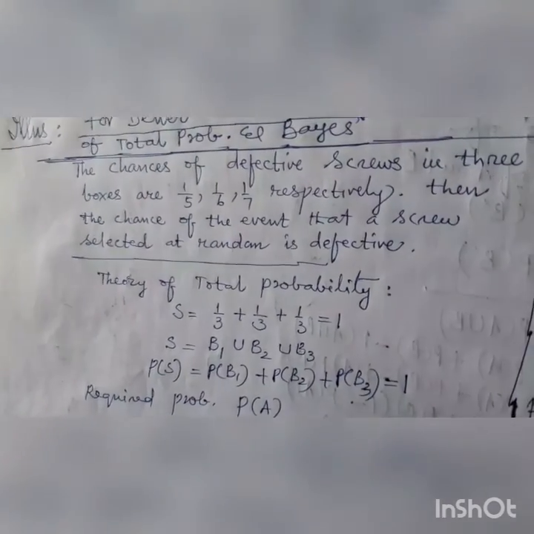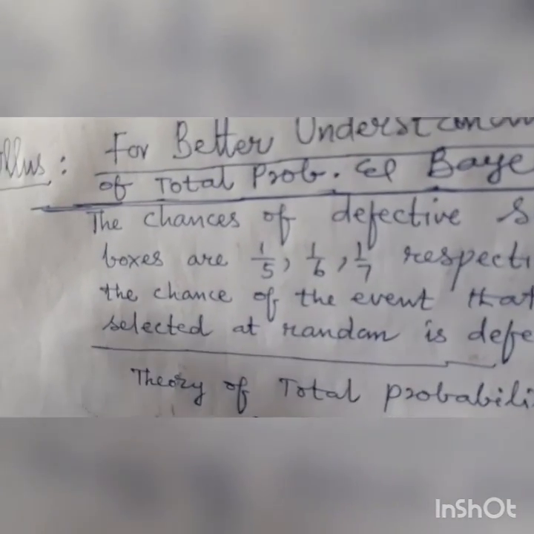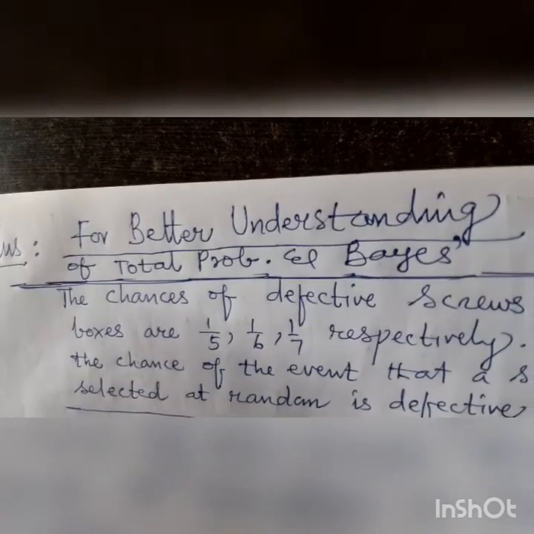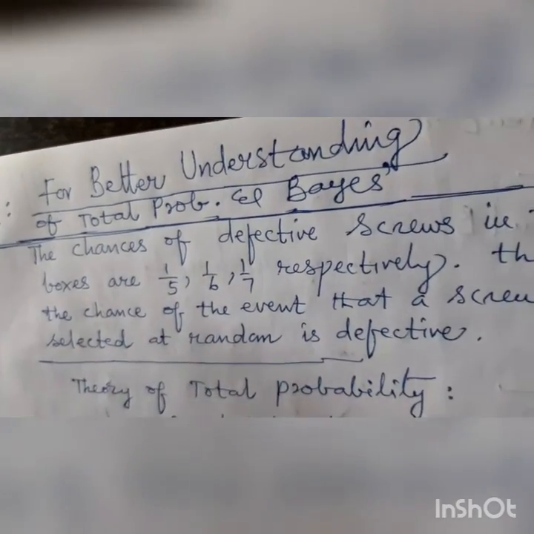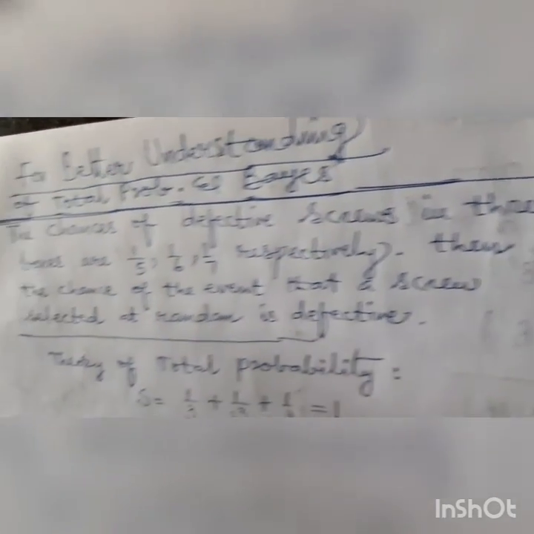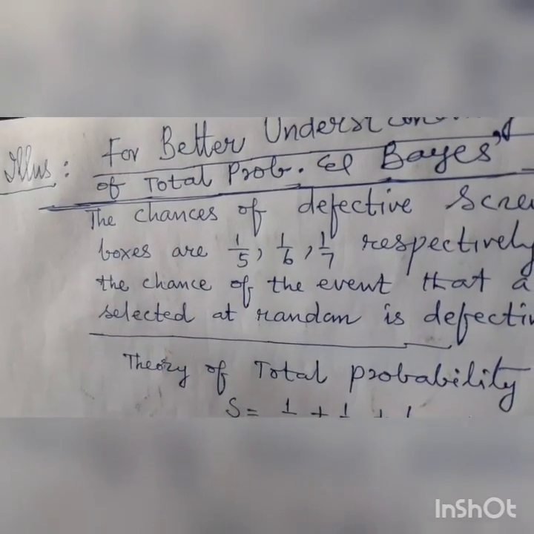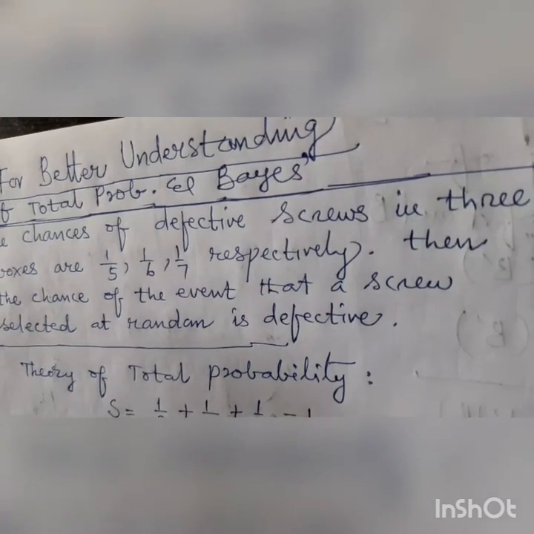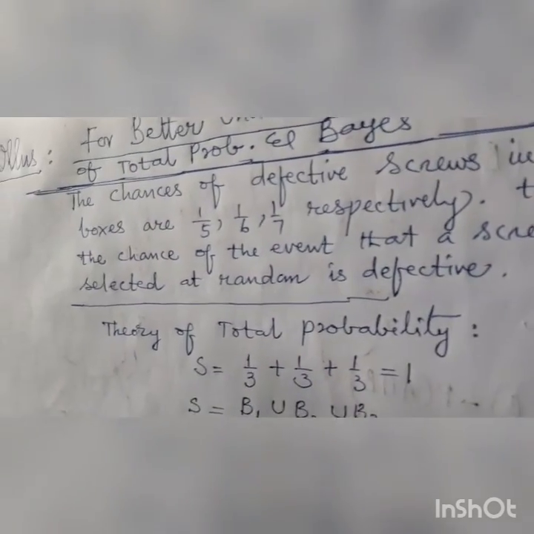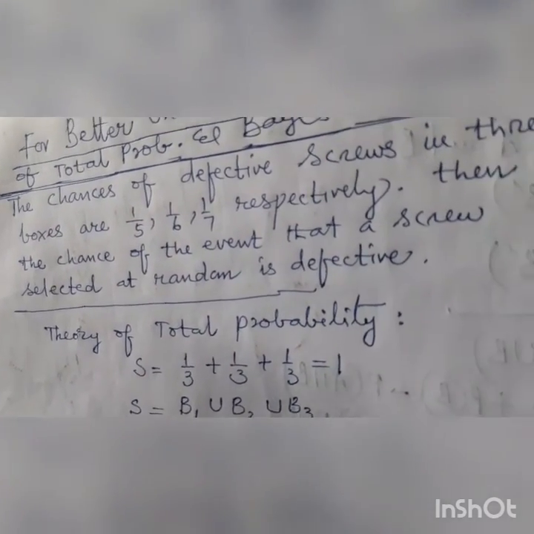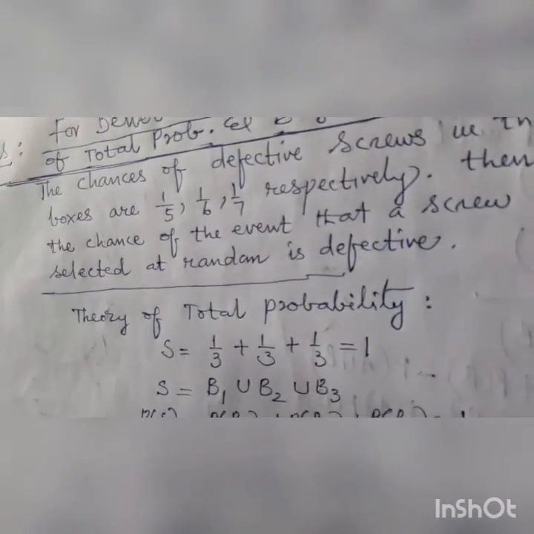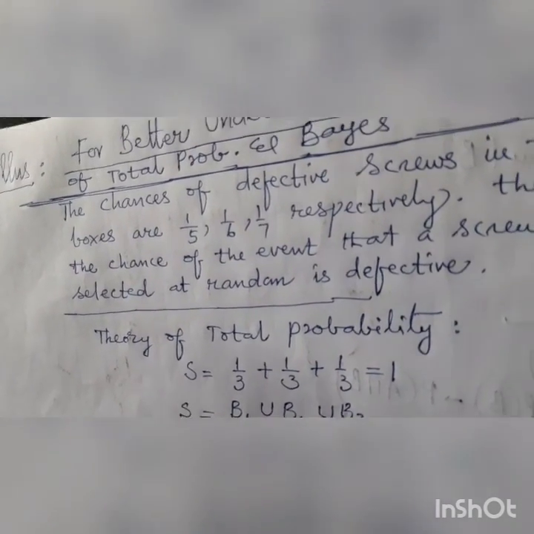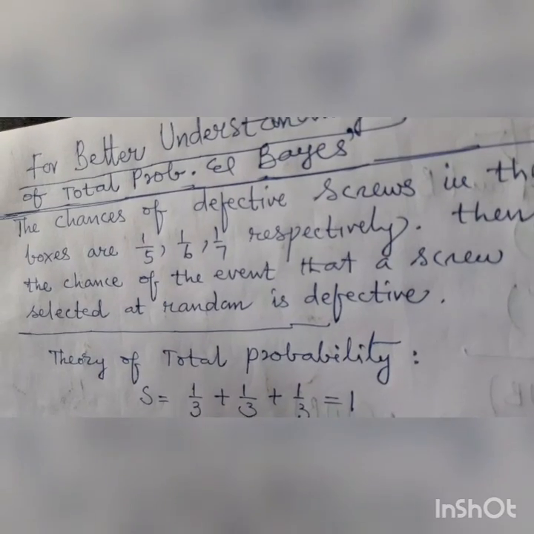The chances of defective screws in 3 boxes are 1 by 5, 1 by 6, 1 by 7 respectively. Then the chance of the event that a screw selected at random is defective.